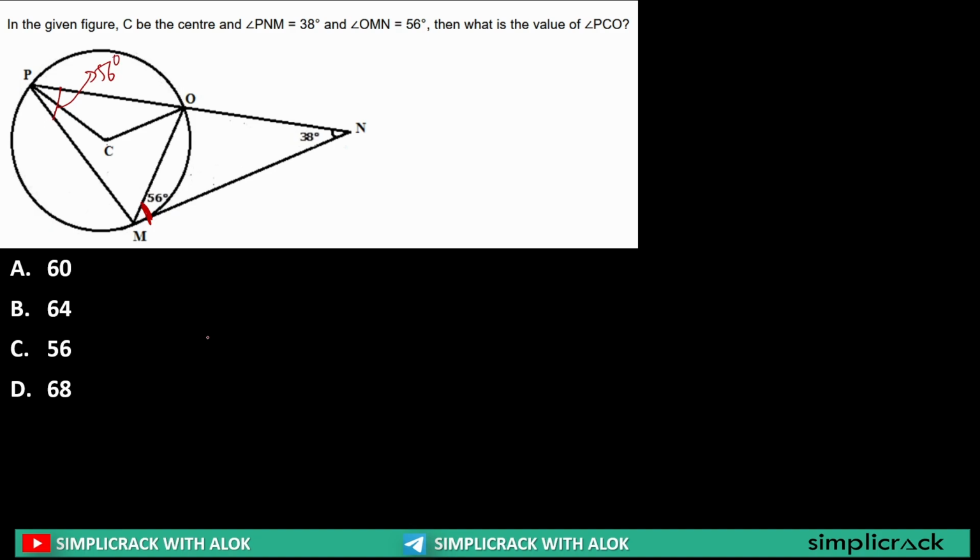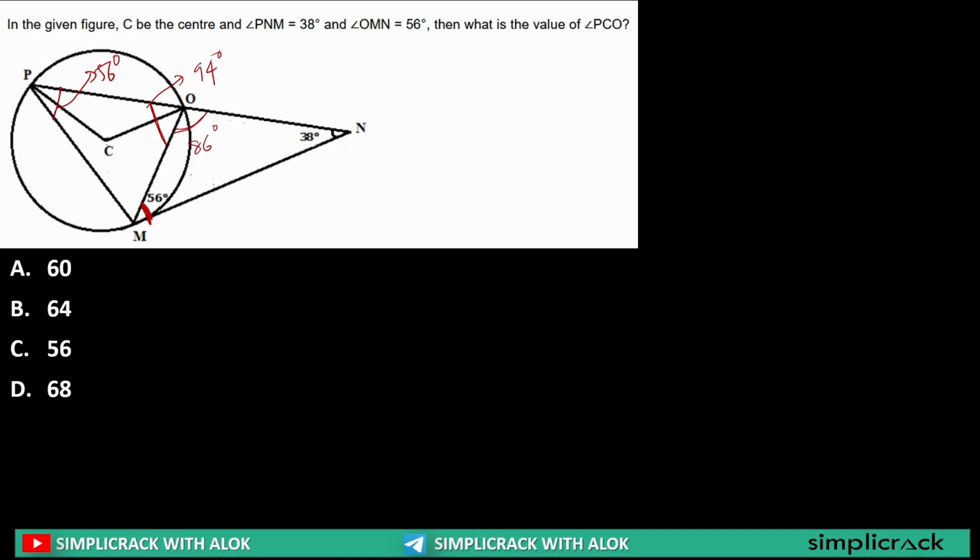Now, in triangle MNO, 56 plus 38, that is equal to 94. So O is equal to 86 degree. That means this whole angle is equal to 94 degree. Clear? Yes, sir, we are clear.